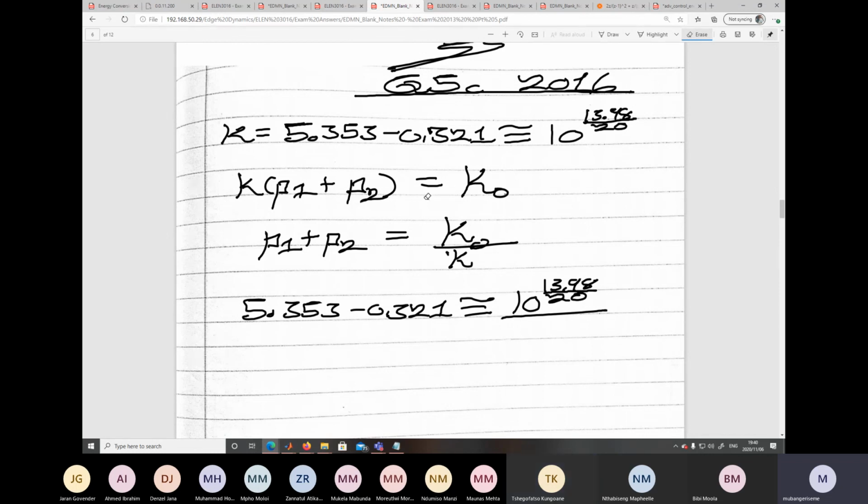Okay, let me just check my notes here. But I'm pretty sure that that's what it is. K multiplied by P1 plus P2 is equal to big K. Wait, guys, isn't P1 and P2 supposed to be 1.36, and then P2 is supposed to be 0.0821?